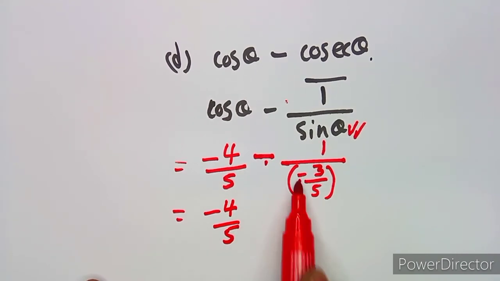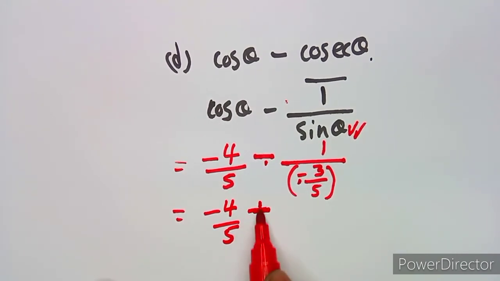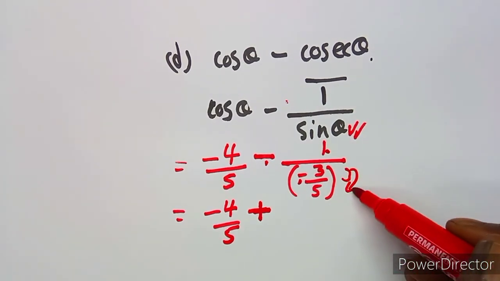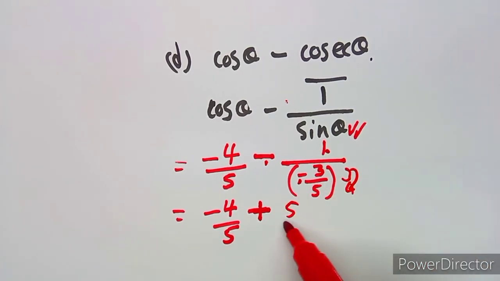We've got a minus, and the minus definitely is going to give us a plus. Then remember what I said, guys, whenever you're given 1 over, you simply invert. So it's going to be 5 over 3. So you're going to add minus 4 over 5 plus 5 over 3.